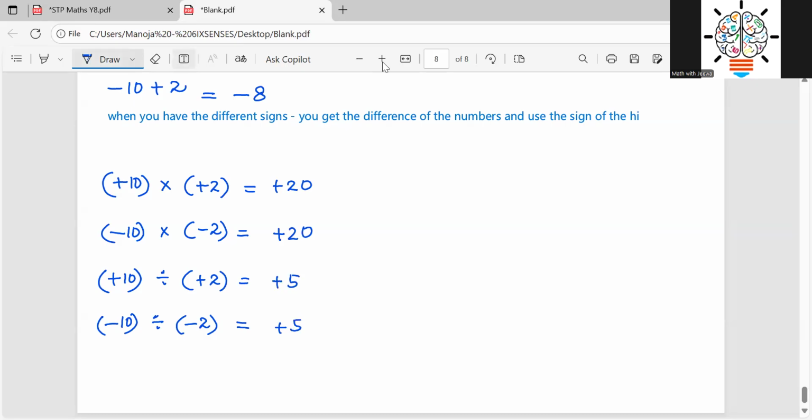What does this mean? That means when you multiply, what happened?